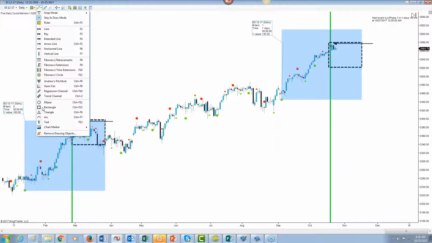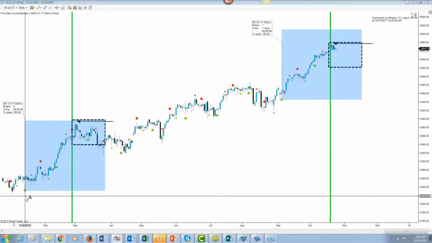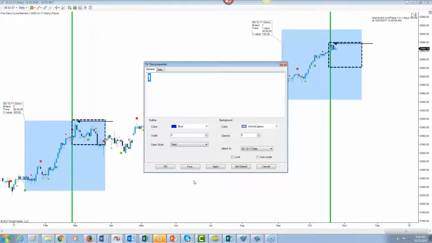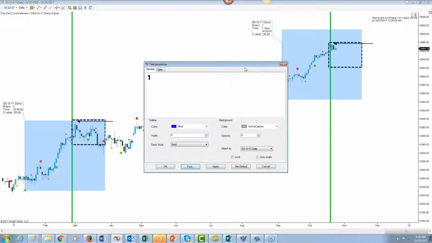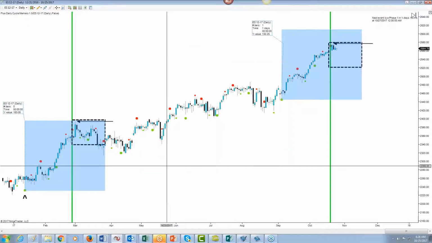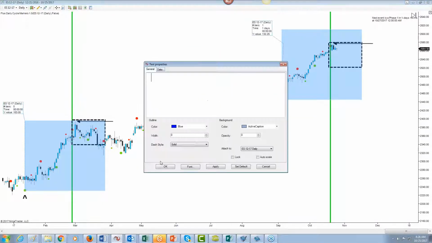But look, all the phases, I'm just going to come here and use an ABC pattern.